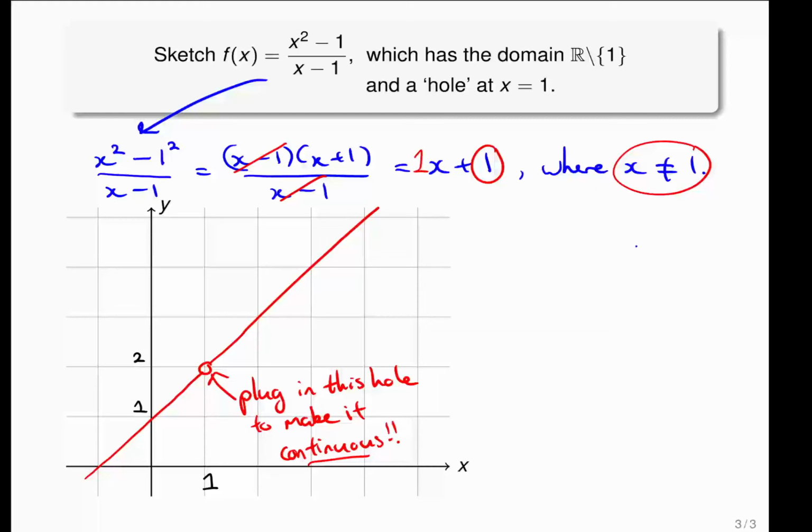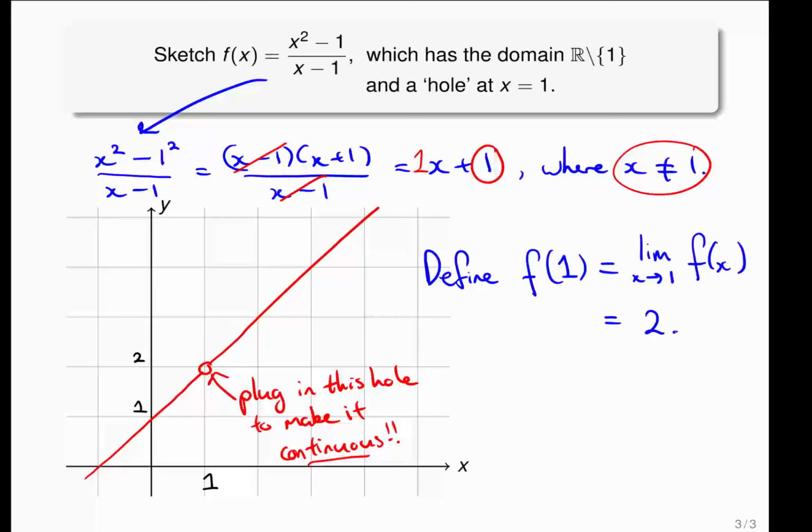Specifically, we are going to define the y value of this function at x equals 1, which is currently undefined, to be the y value of this hole, which we found earlier by calculating the limit of the function as x approached 1, which turned out to be 2.